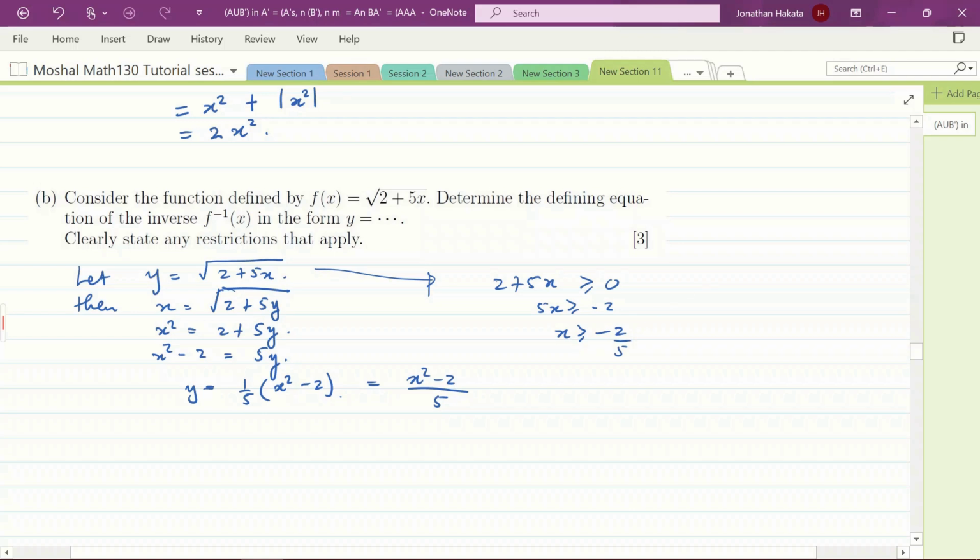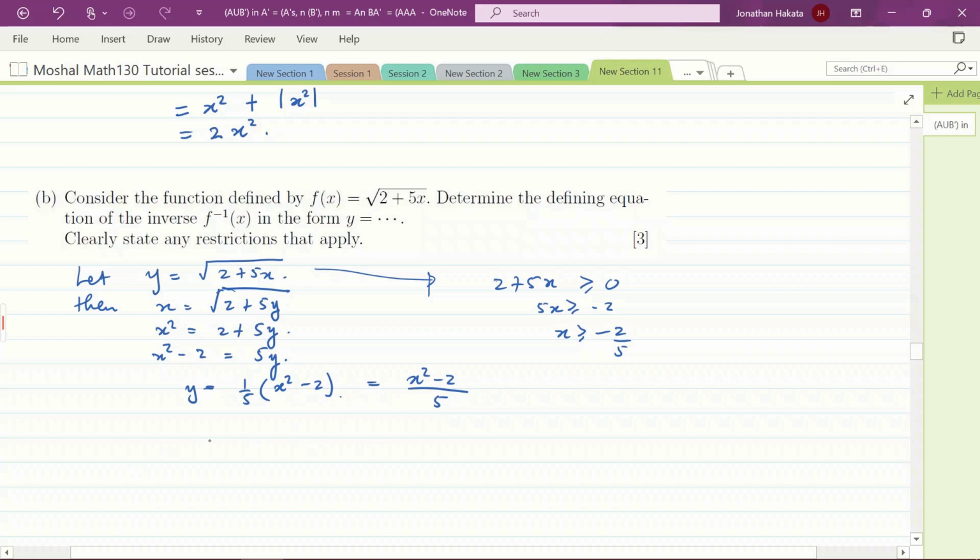So the restrictions are that we want to combine all this.